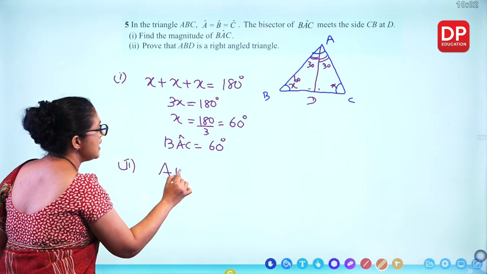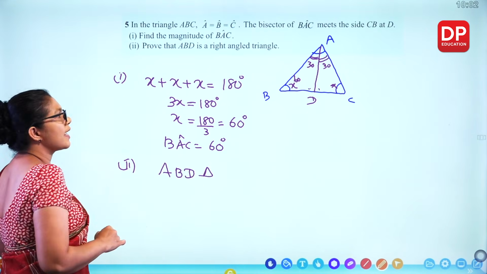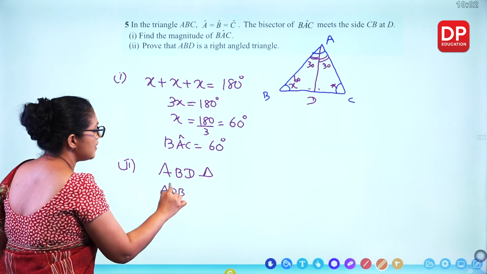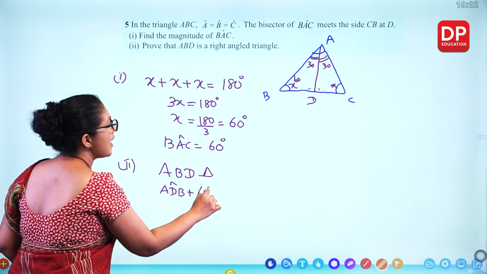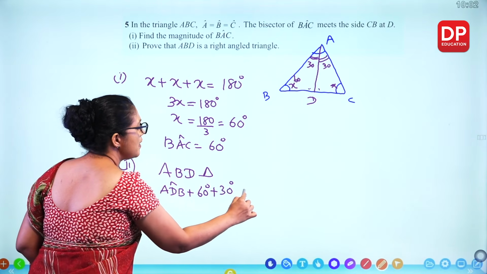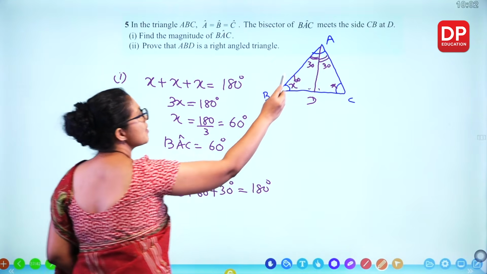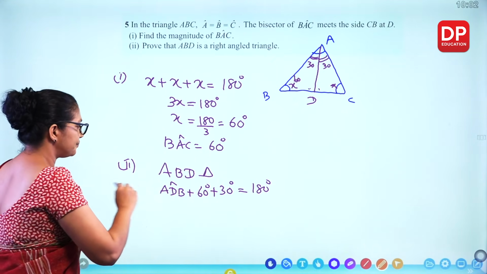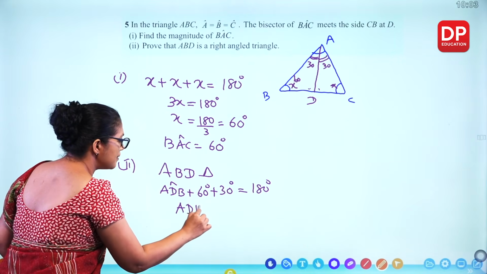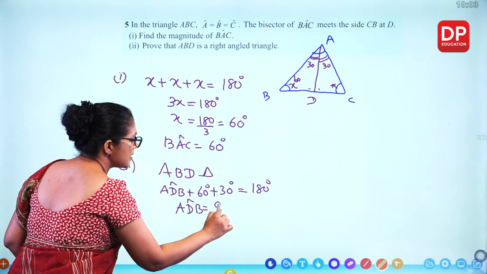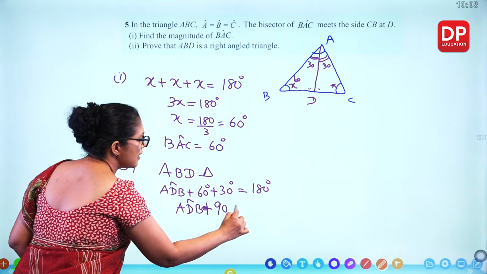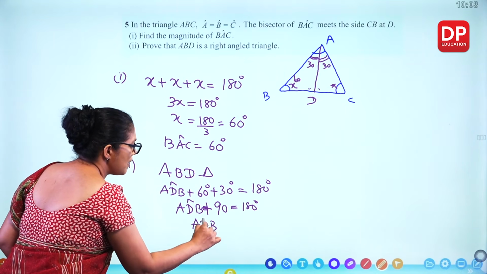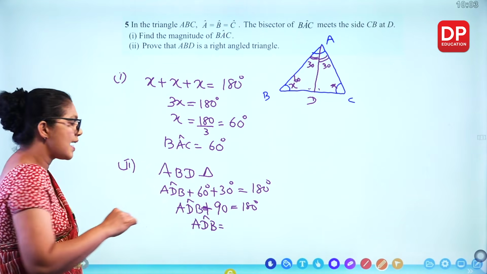When I take ABD triangle, what can I write? ADB angle plus 60 degree angle plus 30 degree angle should be equal to 180 because this is a triangle. Those are the interior angles. So what is ADB? 60 plus 30, 90. When you take 90 to the other side, I get ADB is equal to 180 minus 90.